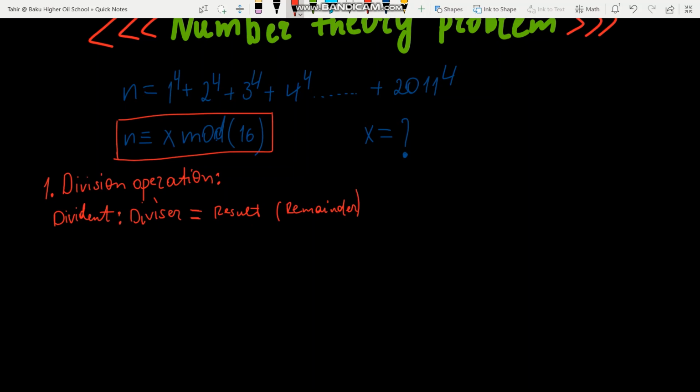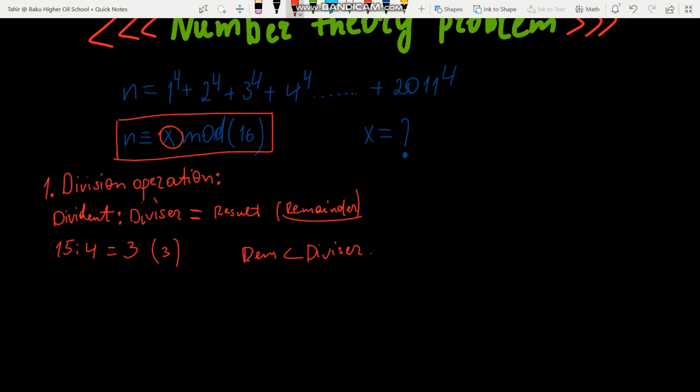Let's write an example for this. 15 divided by 4 will be equal to 3, and it is 12. 15 minus 12 will be equal to 3. I should also mention that the remainder is always less than the divisor. And this x here represents the remainder in our equation.